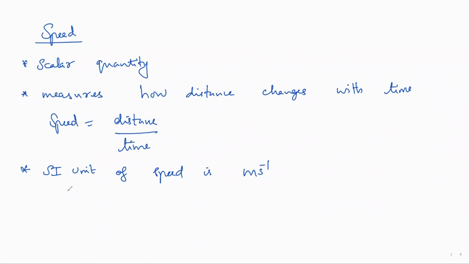Speed is a scalar that measures how the distance changes per time. Speed is given by the equation distance over time. It is a scalar quantity. The SI unit of speed is meter per second.